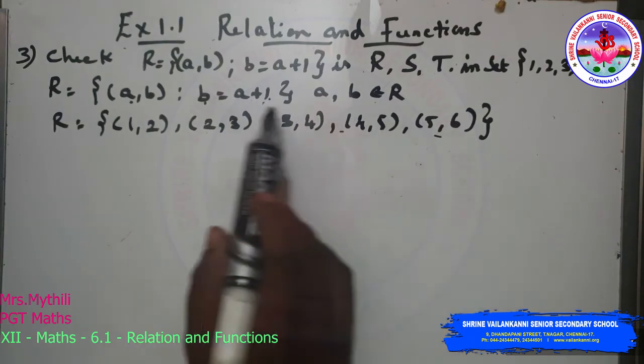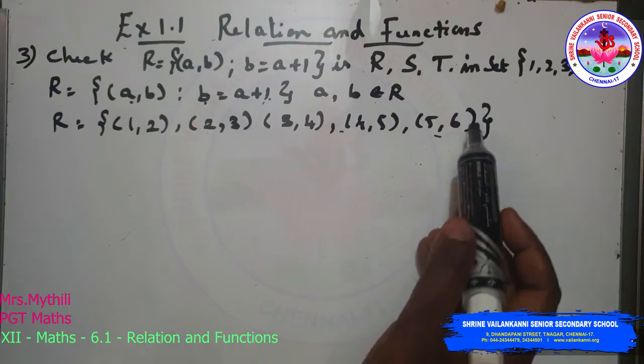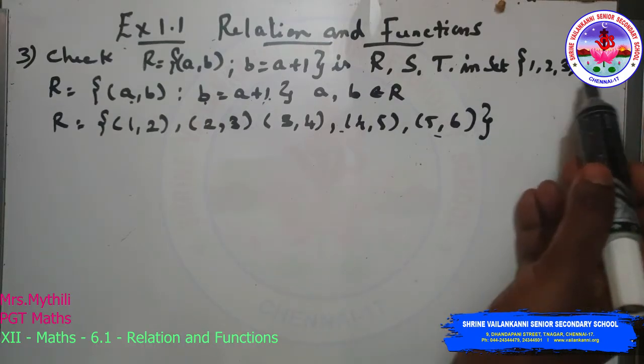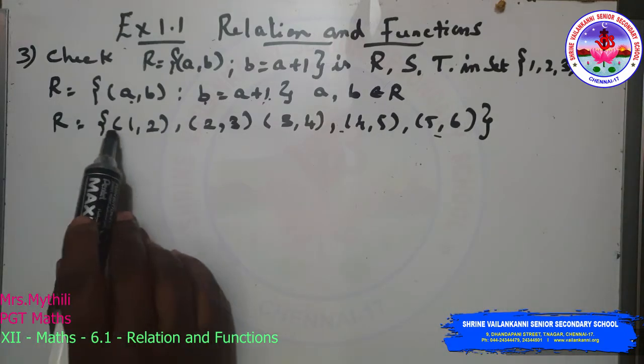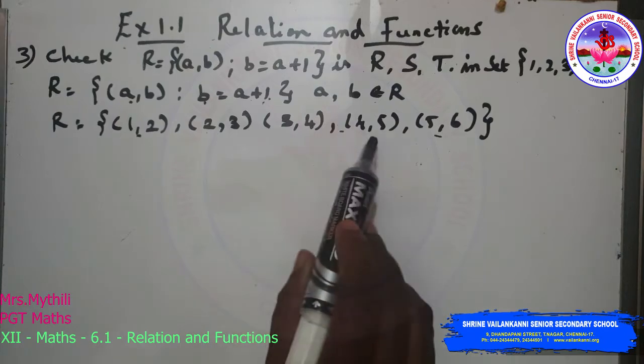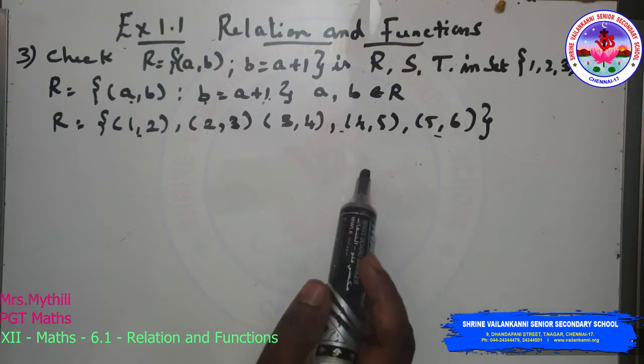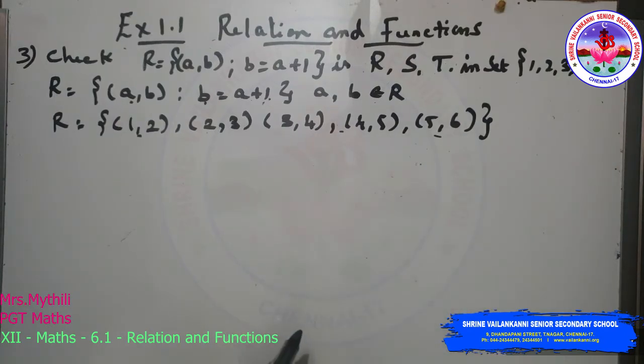When a = 5, we get b = 6. Since the set is limited to 6, R = {(1, 2), (2, 3), (3, 4), (4, 5), (5, 6)}. We have to check whether the relation R defined in this set is reflexive, symmetric or transitive.